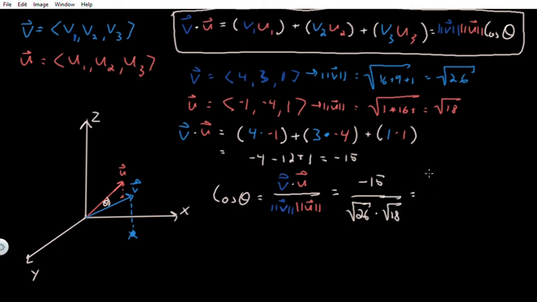And I could find that the cosine of theta is going to be some really ugly decimal. So I want to find theta by taking the arc cosine of this.